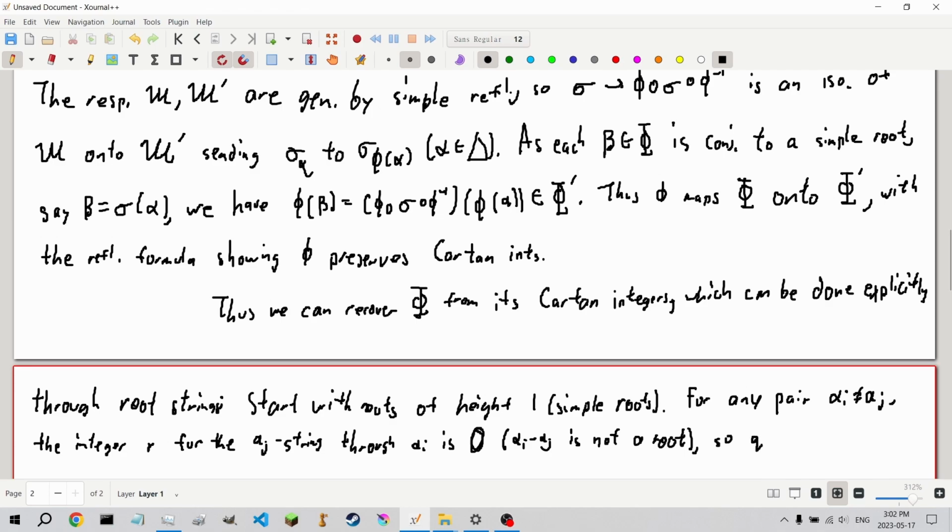So our q in the other direction is the negative of the angle bracket of alpha i on alpha j, which is a Cartan integer, which we know.